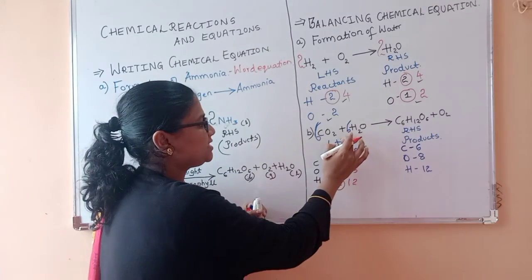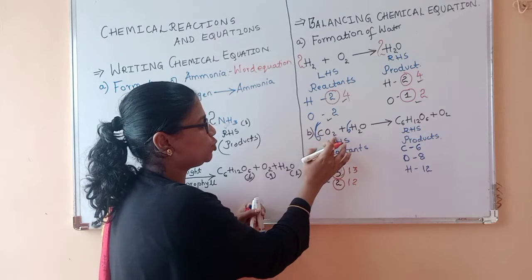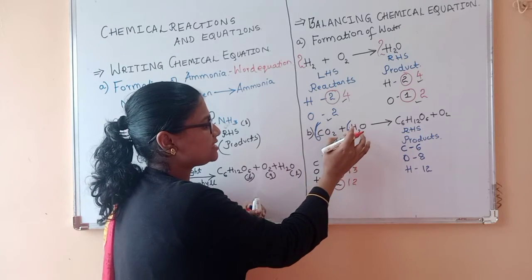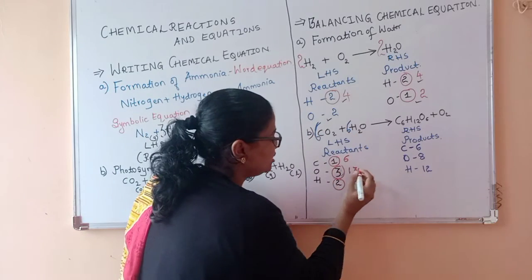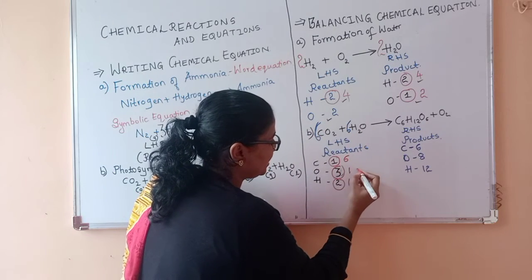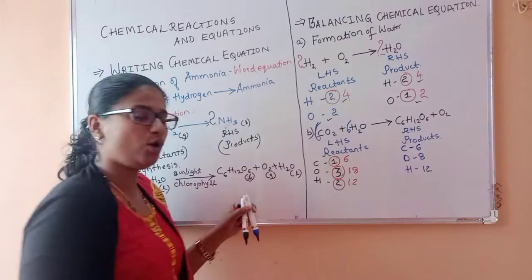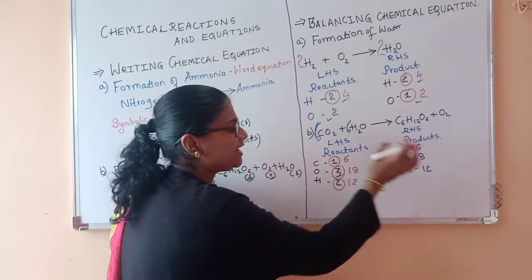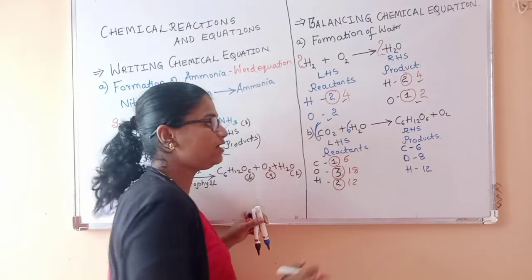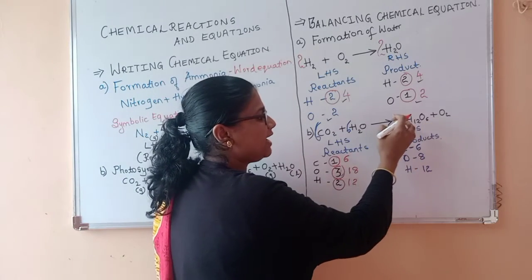Now 6O, 6 2s are 12 plus 6O, that is 6. 12 plus 6, so this became 18. Oxygen became 18 now. But here only 8 is there. Okay. So this is 6. I can't write 3.